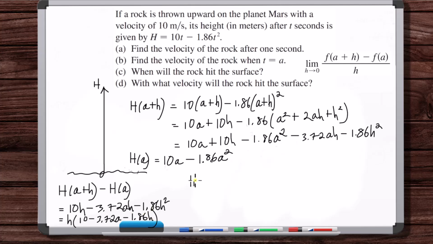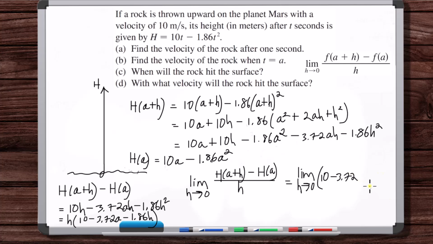So the limit as h approaches 0 of h of a plus h minus h of a, all over h, is equal to, the h's are going to cancel, and you're left with the limit as h approaches 0 of 10 minus 3.72a minus 1.86h.